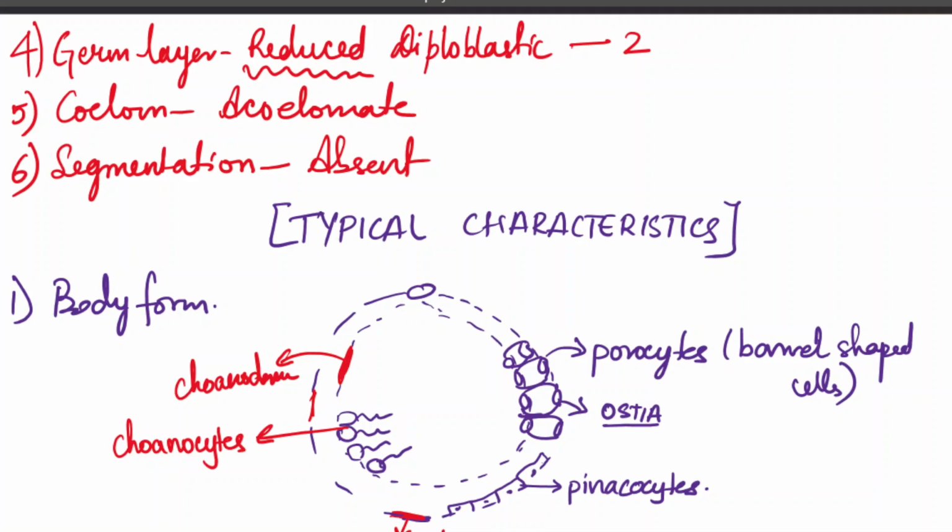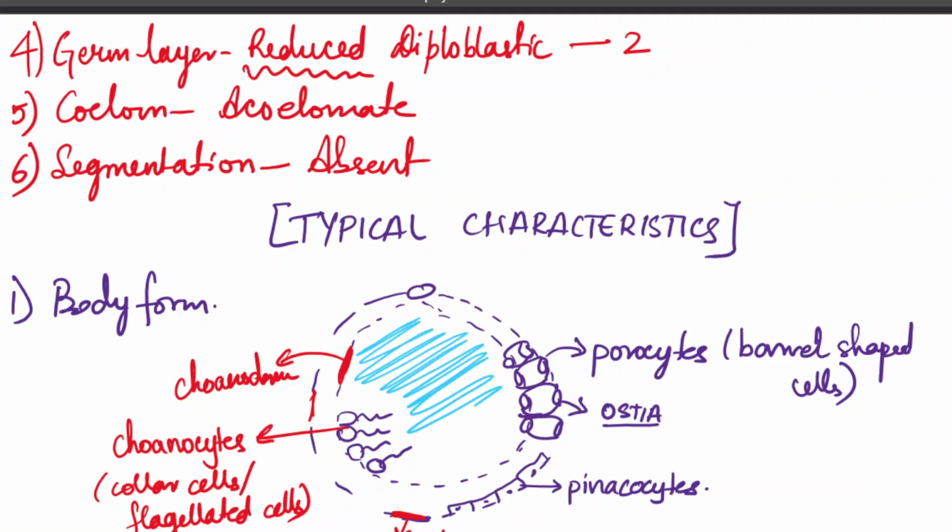These cells are also called collar cells or flagellated cells because they have a flagellum. Next, there is a cavity-like part inside this body form, and this part is called spongocele.